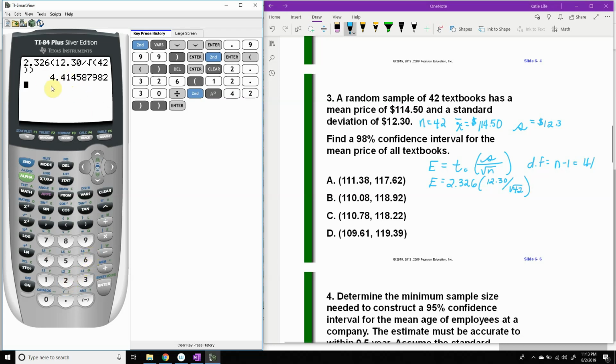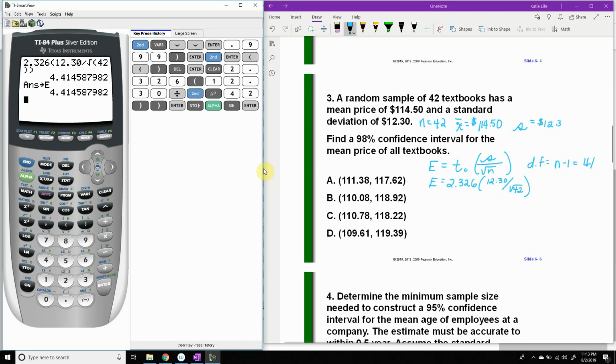So this is going to be our error value. I'm going to save this value by hitting the store button. It's right above the on-off key here. We're going to store this as the letter E. So I'm going to hit the alpha button, and then the sign button has the little E above it. That means anytime I press E on my calculator, it's assuming that I mean that number.